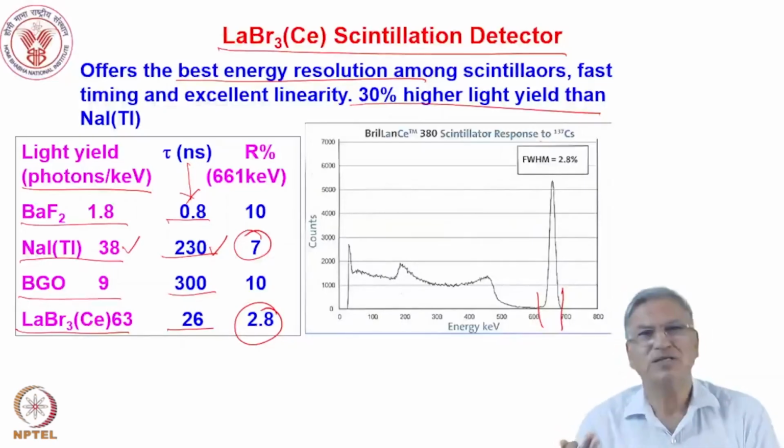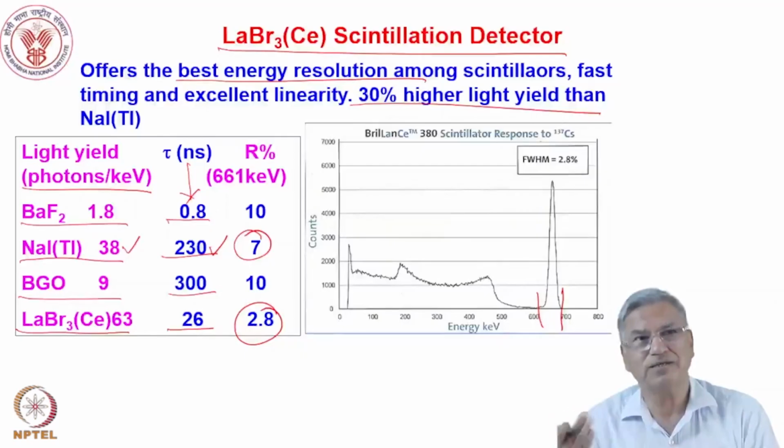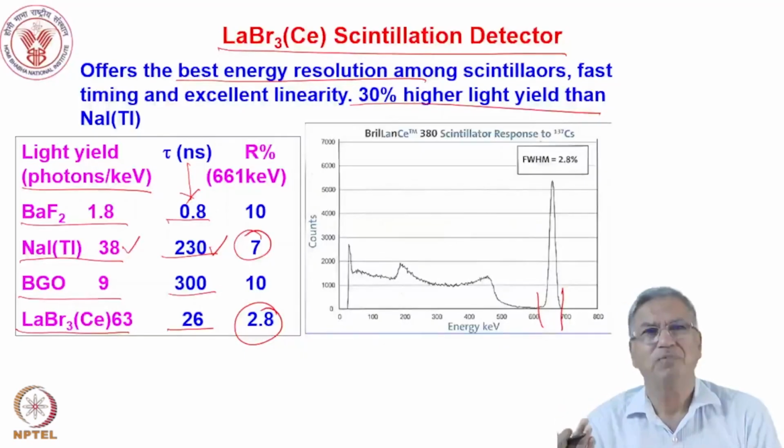We'll discuss subsequently that semiconductor detectors are much better in terms of resolution. But this lanthanum bromide detector, not only in terms of resolution but efficiency wise also, is better than sodium iodide. Because of that, more and more researchers are now using it. The cost is higher, much higher than sodium iodide, still because the production is not that high.